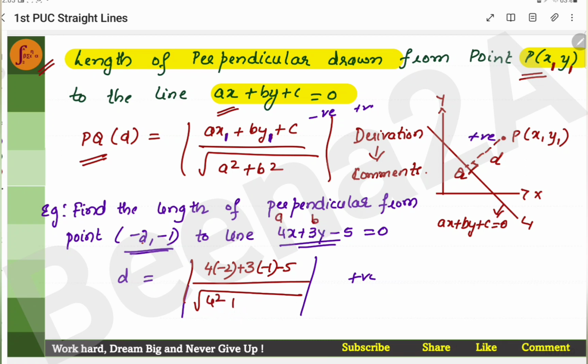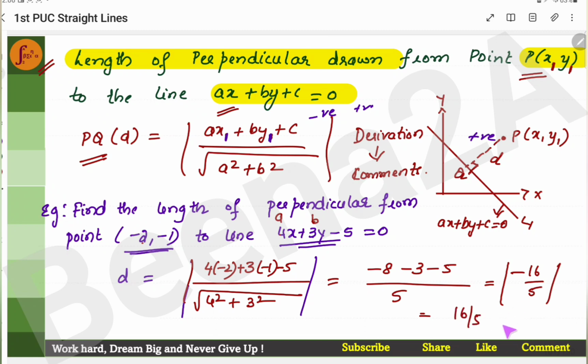So 4 square plus 3 square. So it's going to be minus 8, minus 3, minus 5. 16 plus 9 is 25. Root of 25 is 5. So it's going to be minus 16 by 5. Ignore the negative sign, so it's going to be 16 by 5 units. This is the distance.